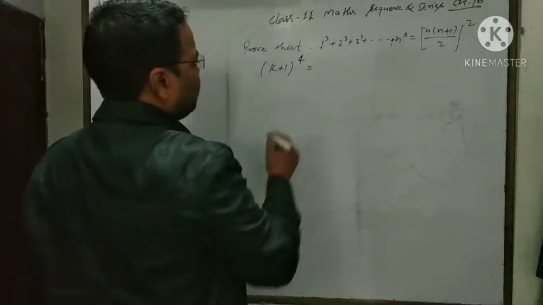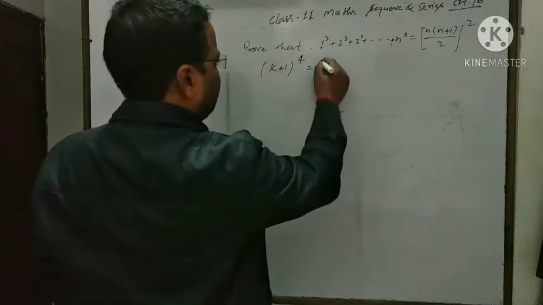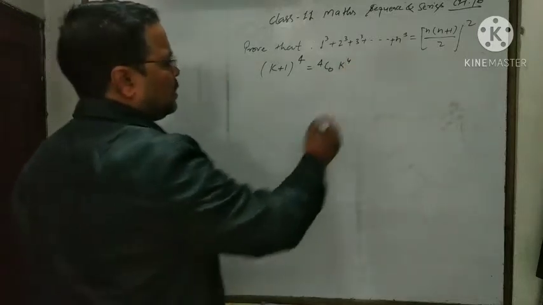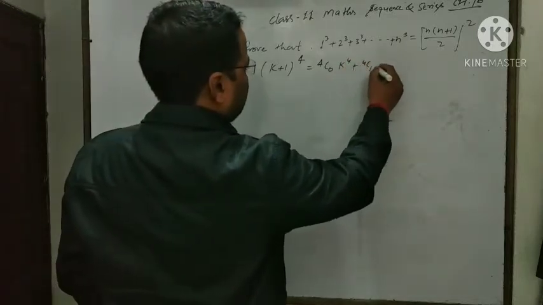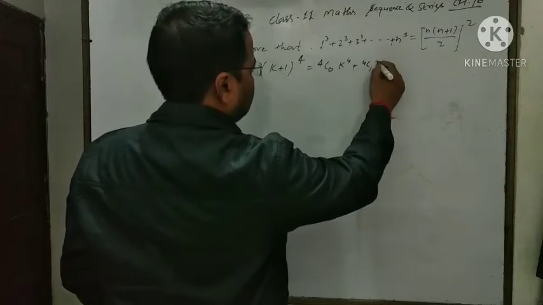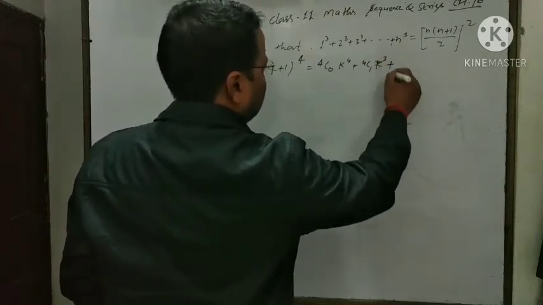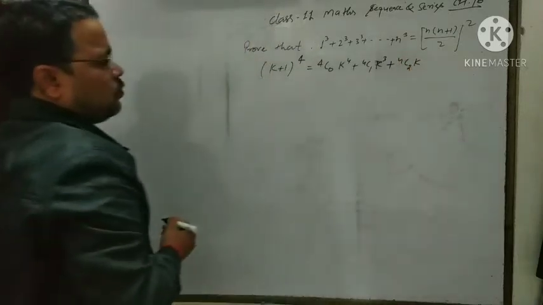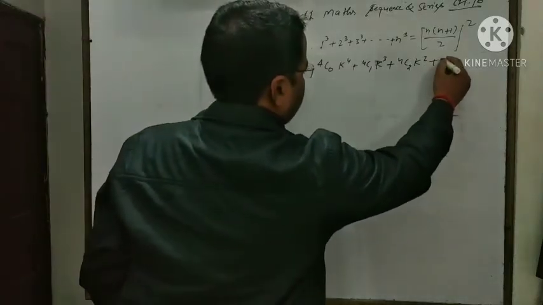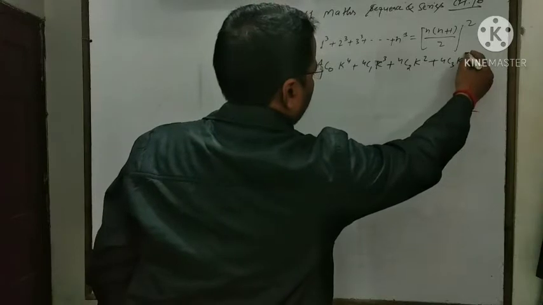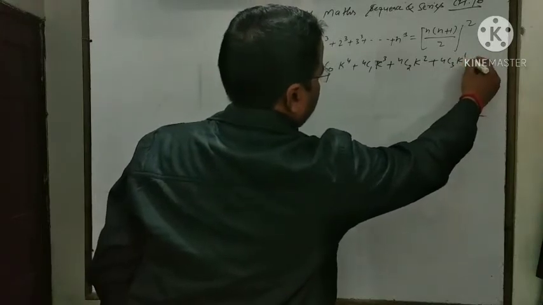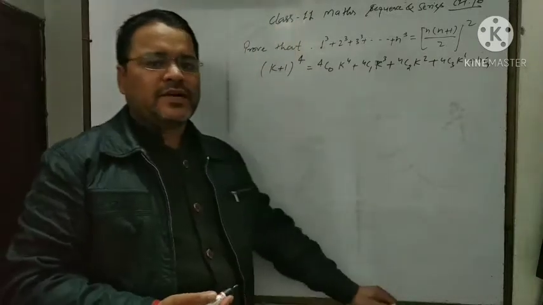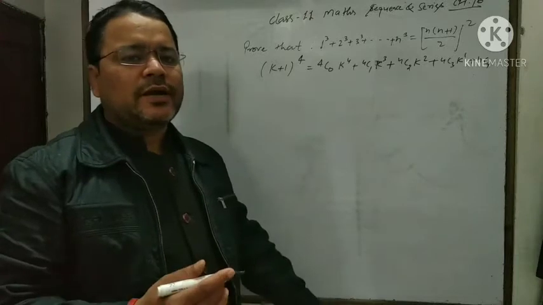Here this is equal to 4c0 k raised to the power 4 into 1, plus 4c1 k cube, plus 4c2 k square, plus 4c3 k, and finally plus 4c4, which is k raised to the power 0 and 1 raised to the power 4.